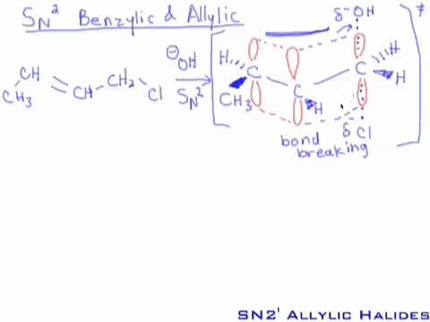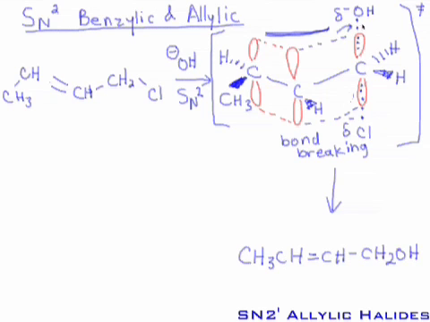But there's another direct consequence to this. If electron density can move through these side-to-side overlap pi systems, yes, this one will lead to this alcohol.